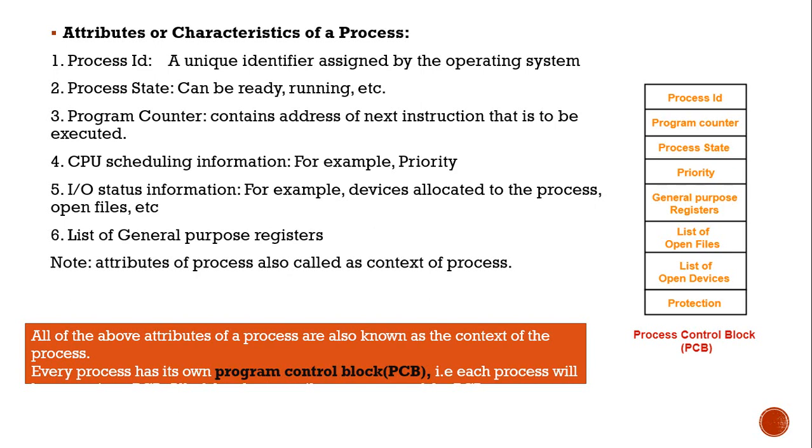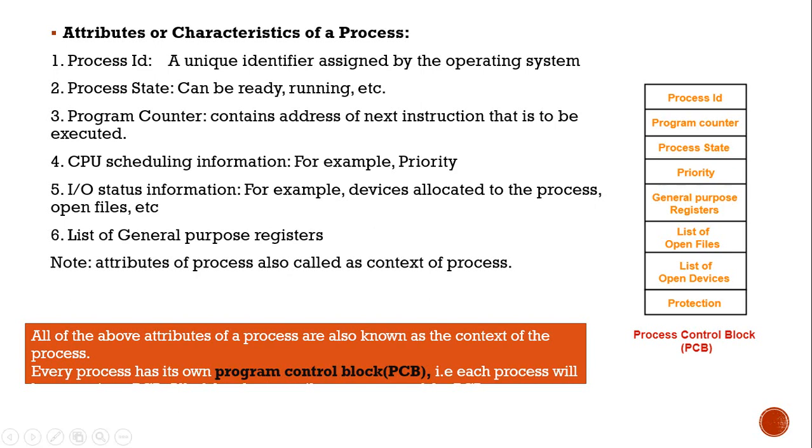सो किस टाइप की शेड्यूलिंग अप्लाई की हुई है प्रोसेस को सिलेक्ट करने के लिए, ये इंफॉर्मेशन आपके शेड्यूलिंग इंफॉर्मेशन में स्टोर होती है. Then we have IO status information, like what type of input output device are needed for the execution of the process, that is stored in IO status information. Then we have list of general purpose registers that are required for process execution.